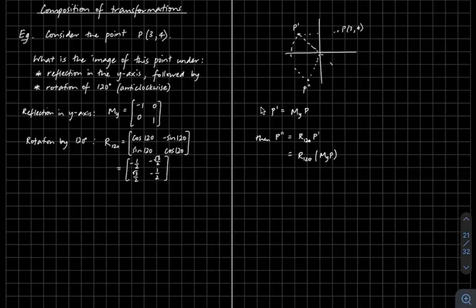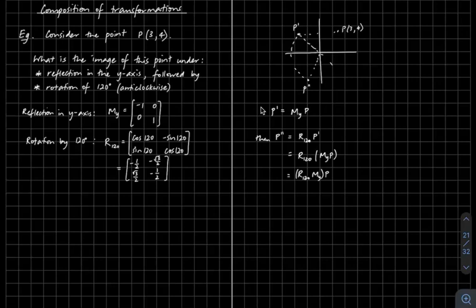Now, because matrix multiplication is associative, in other words, as long as we don't switch the order of the operators around, we can group them in any way, then we can actually do this alternatively by just multiplying the R120 and the M reflection in the y-axis by each other first, and then multiplying by P. Doesn't really matter which of those last two lines we go, but the significant thing that I want you to notice there is that the order of the transformation matrices, if we're reading from left to right, is the opposite of the order in which we're doing them.